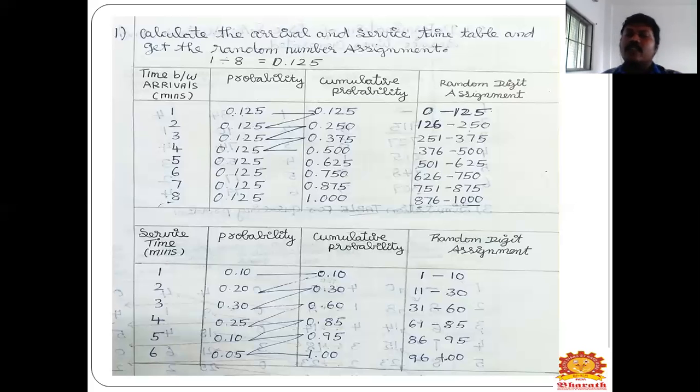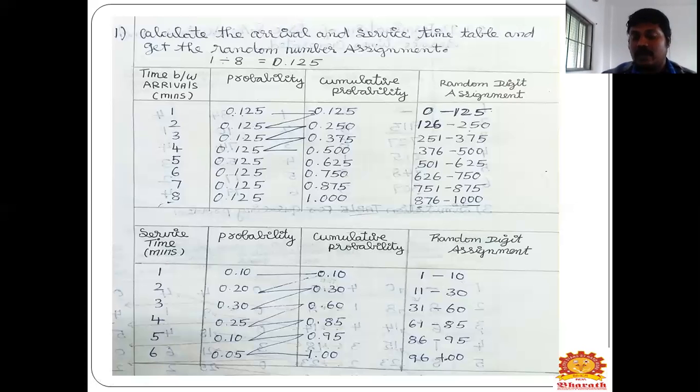For service time you can start from 1, or you can take 0 also, but initially we take 1 to 10. It stops at 10, so you start from 11 to 30 because the cumulative probability ends at 30. Then the next ones are 31 to 60, 61 to 85, 86 to 95, and 96 to 100.